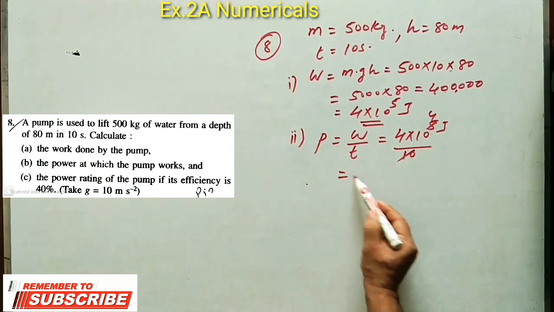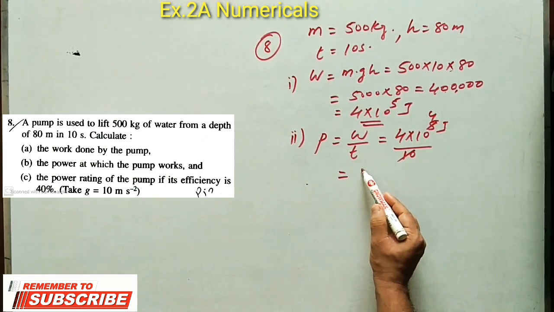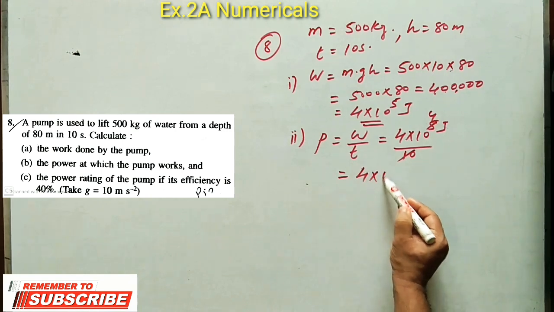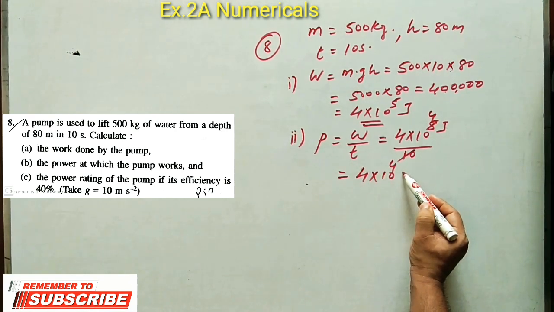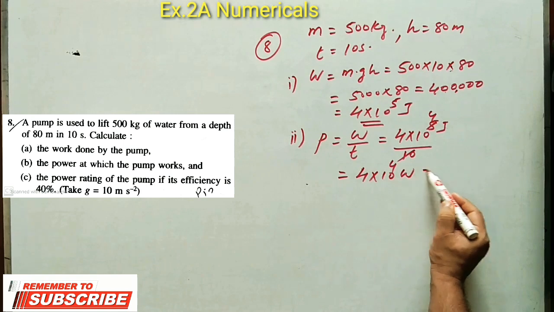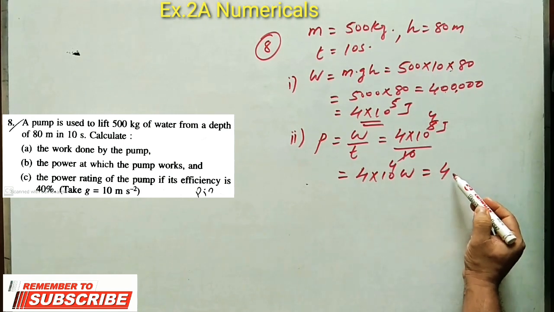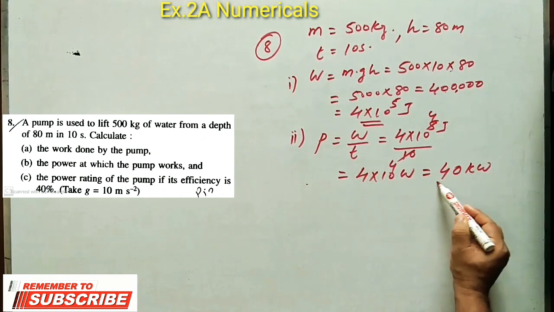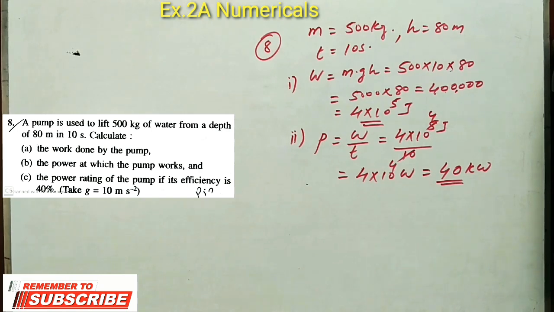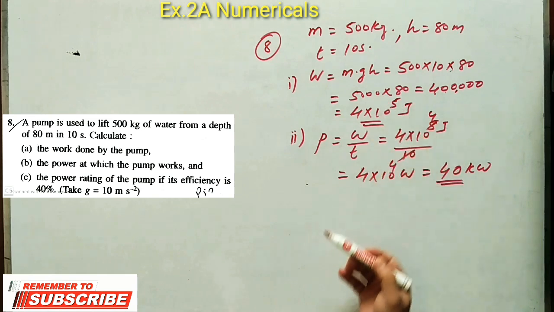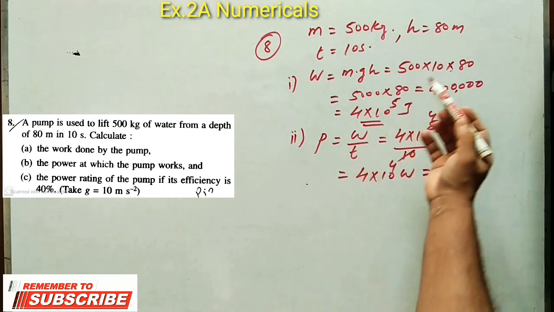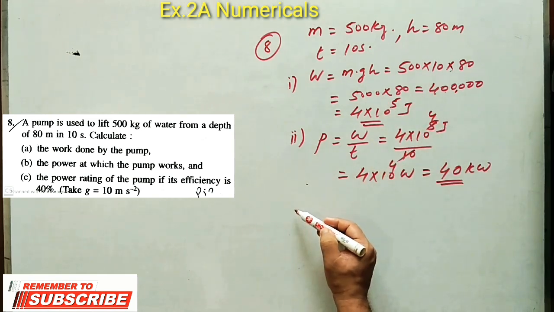So you can write power is equal to 4 into 10 to the power 4 watt. That is equal to, I can express it as 40 kilowatt. So this is the power spent by the motor in raising 500 kilogram of water through a height of 80 meter.